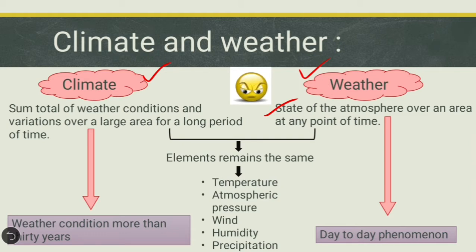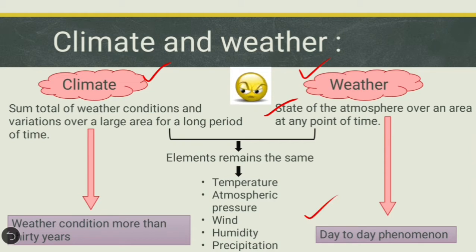There is humidity, there is rainfall, temperature is high or temperature is low. What is the state of our surroundings over an area, at any particular time? That is known as weather. And weather is a day-to-day phenomenon.